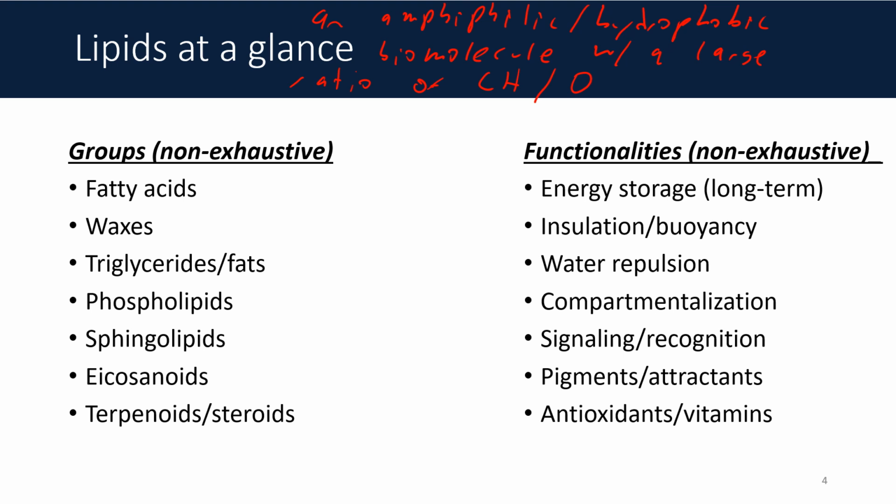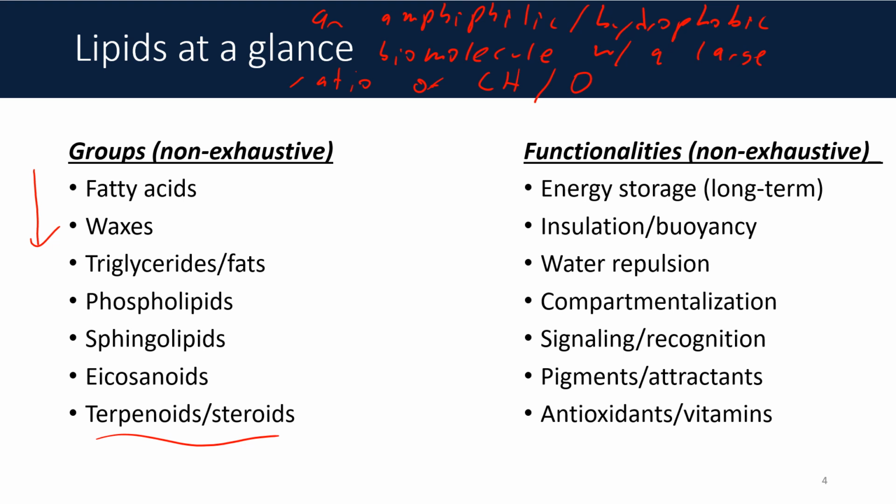We'll start by outlining what fatty acids are, and then waxes and triglycerides, and the whole way down this list, all the way down to the terpenoids and steroids. And as we take this tour across nature's many lipids, we will take note of which functions are associated with each of these classes.